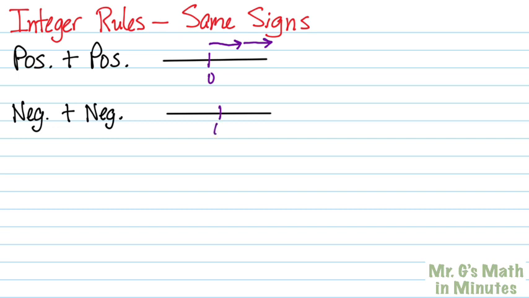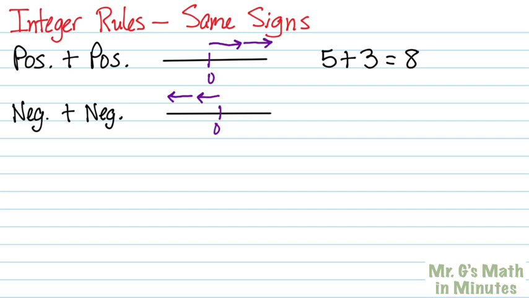For the negatives, you would be going to the negative and then continue going to the left with that other negative. So if we had a problem like that, it would be something like this first one. If we had two positives, 5 plus 3. So you would go to the right 5 times, go to the right 3 more times. When you put those numbers together, you get an 8.